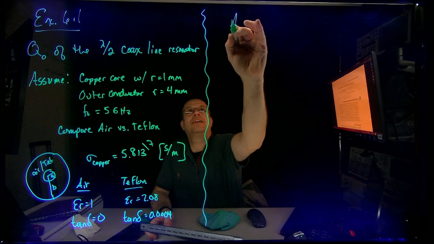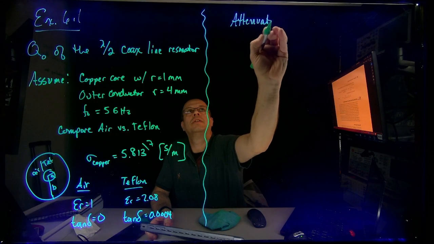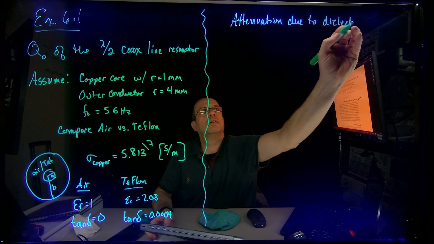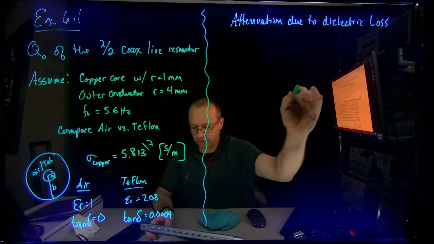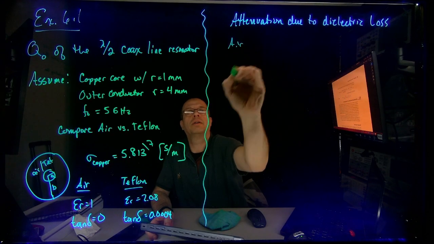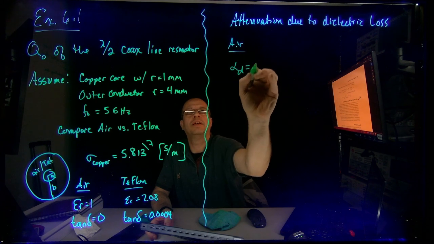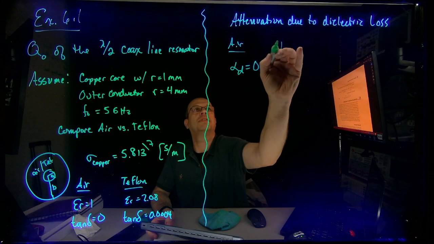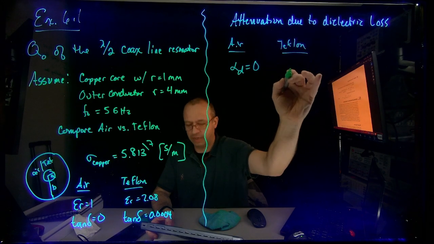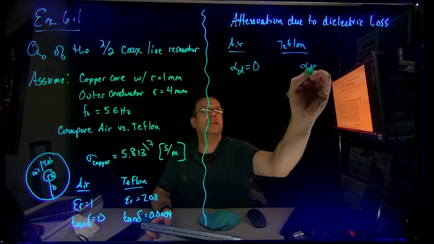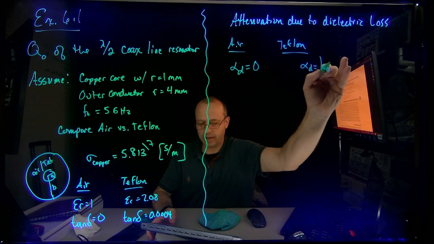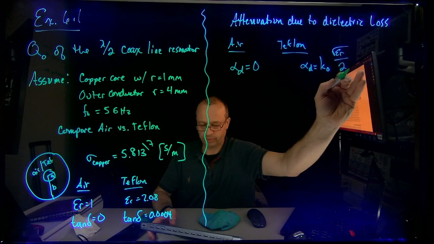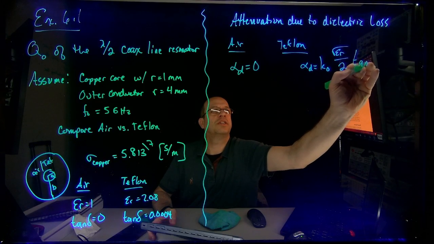So then attenuation due to dielectric loss, for air, right? We have alpha D, and that one's 0. So there's no dielectric attenuation loss for air. But Teflon is a little different. We have alpha D equals k naught square root of epsilon R over 2 times tan delta.